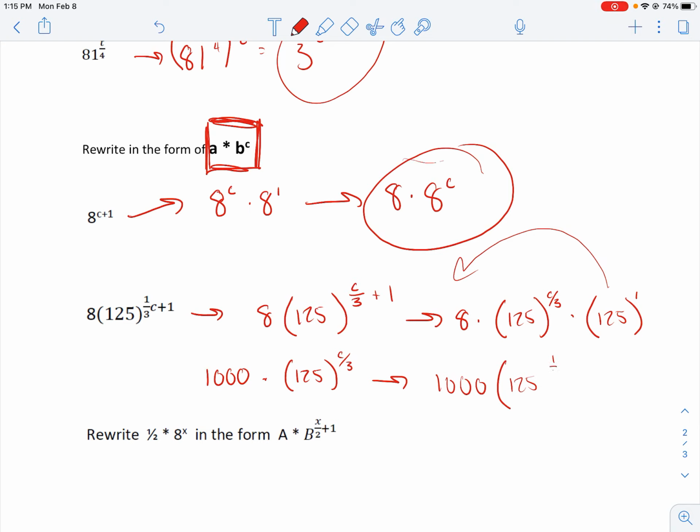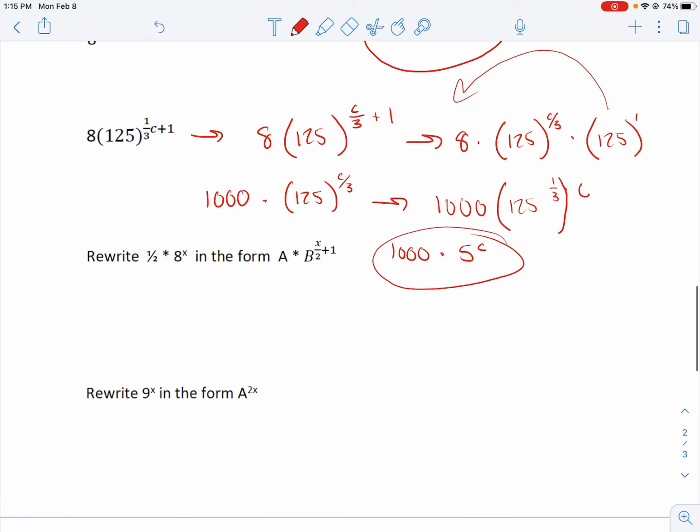This is 1/3 times c, right? And I'm going to take that 1/3, put it inside the parenthesis. And so 125 raised to the 1/3 power is going to give me a 5. Some number times some other number raised to the power of c.